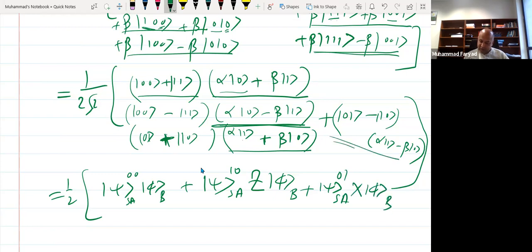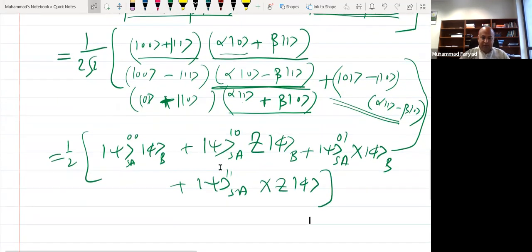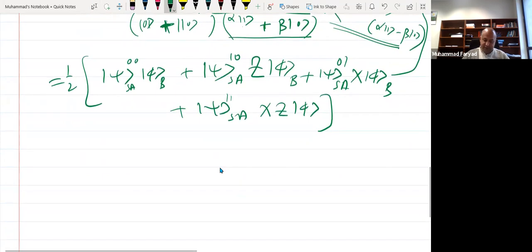Now the last one is psi 1, 1, and you see alpha 1 minus beta 0. So it is as if first a Z gate is applied to phi, and then an X gate is applied, because there's a minus sign with beta. So first the Z gate was applied and 1 went to minus 1, and then an X gate was applied to this state. So this is just the rearrangement of our input state.